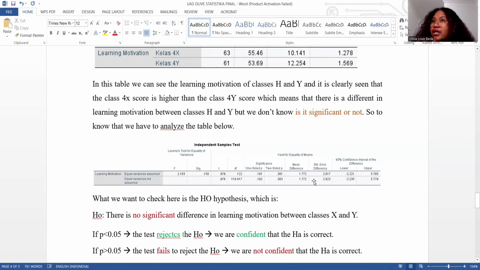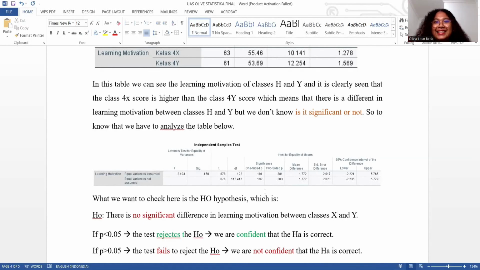Let's see the significance side. As you can see, here is 0.191 and 0.381. That means our p-value is above 0.05.